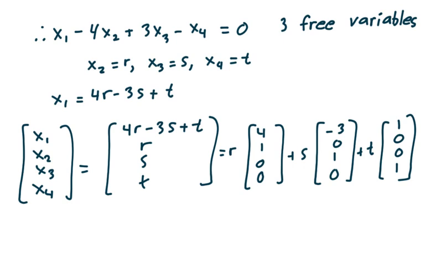And I'm going to split this off into r times the column vector 4, 1, 0, 0 plus s times the column vector negative 3, 0, 1, 0 plus t times the column vector 1, 0, 0, 1.